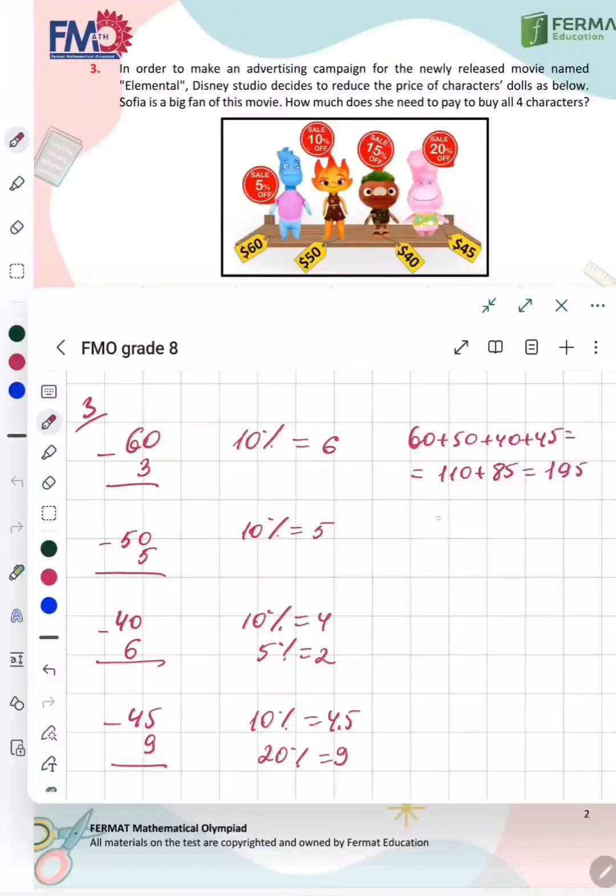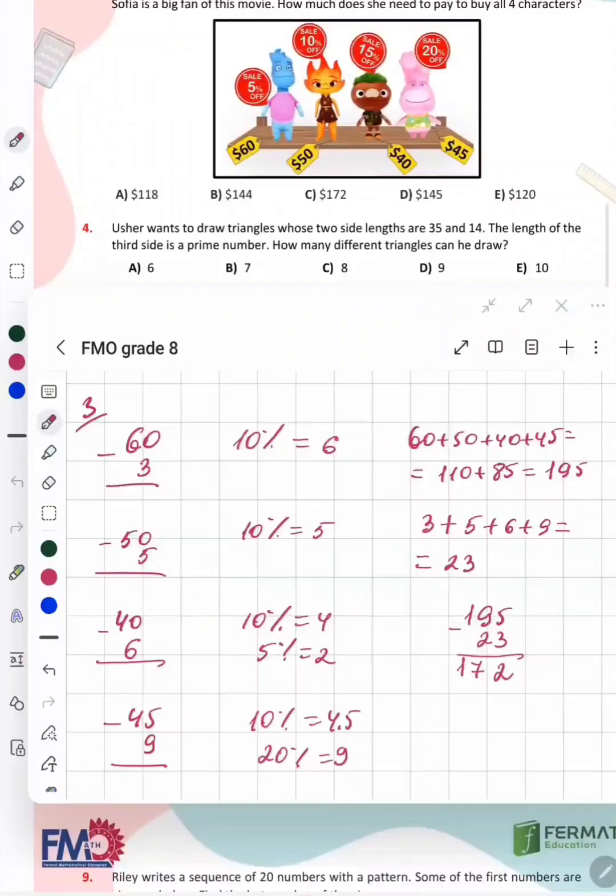Then we subtract 3, then 5, 6 and 9. Altogether 8 plus 6 is 14, plus 9 is 23. So 195, take away 23. 19 minus 2 is 17. 172 is our answer. It's C.